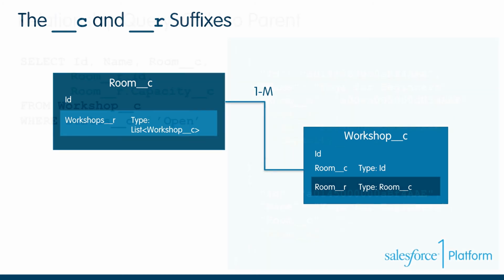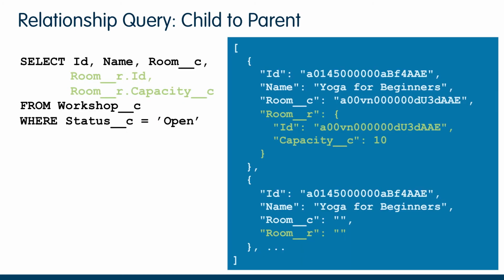So here are some relationship queries, and let me walk you through them. If you start on the left and look at the black text, we've got a really simple query. Select some columns from an object, workshop__c, where the status is set to open. And over on the right-hand side in white, you can see the results. I'm actually using the JSON notation to draw the results.